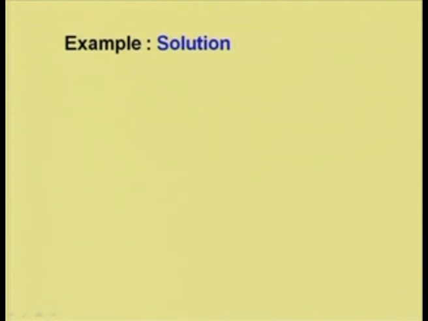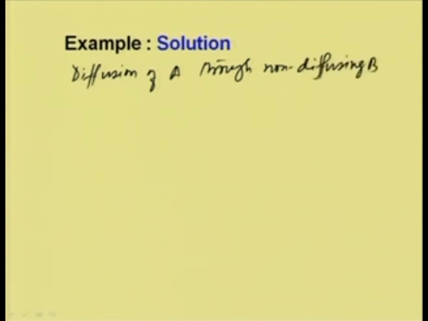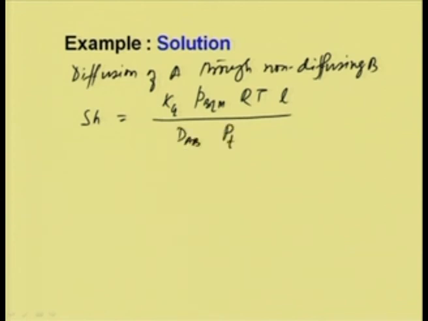Now, we can write the diffusion of A through non-diffusing B. So, Sherwood number is equal to kg P BLM R T L divided by D A B P T, and at 45 degree centigrade the vapor pressure is small.